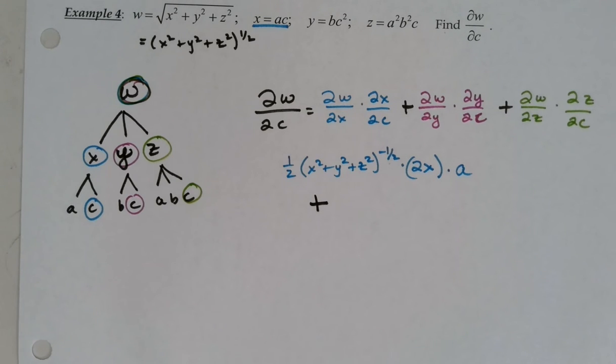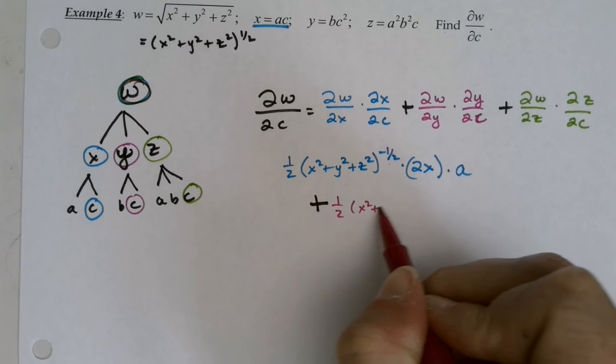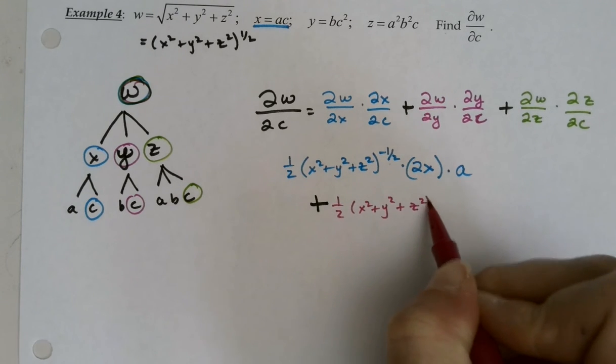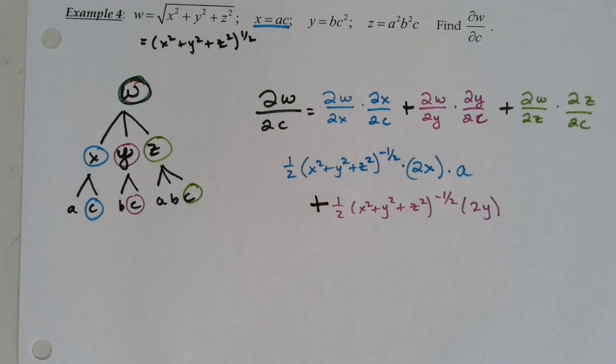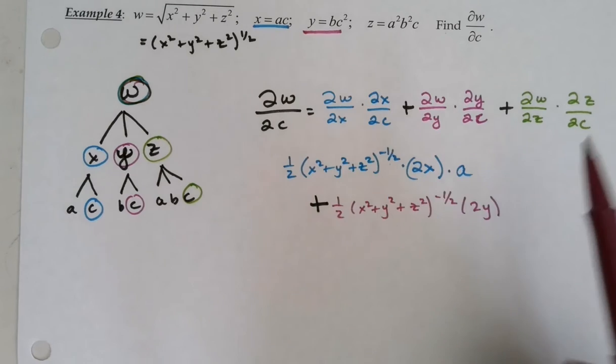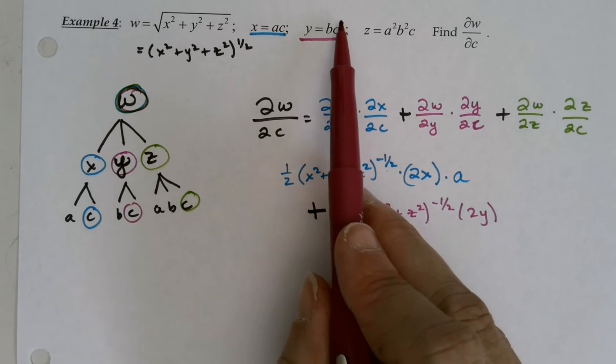Now the next piece. The derivative of w with respect to y would be 1/2 times x squared plus y squared plus z squared to the negative 1/2, but now times 2y, and the derivative of y with respect to c would be 2bc, because you bring the 2 down.